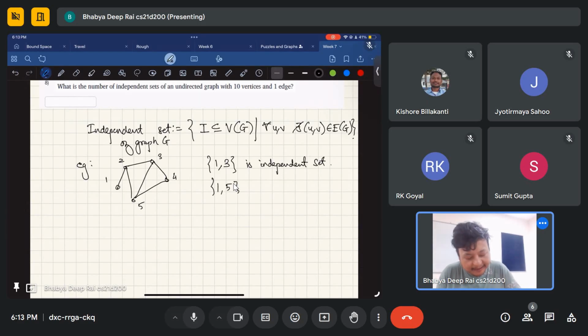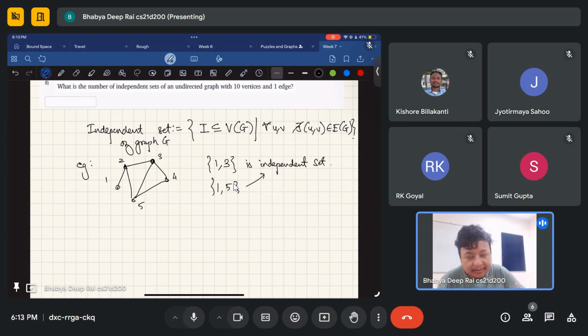Can I make a bigger independent set? It looks like I cannot. If I choose 2 along with 1, then 1 and 2 have an edge between them. If I choose 3, I cannot add any more, because 2, 4, or 5 will always be adjacent to 3.